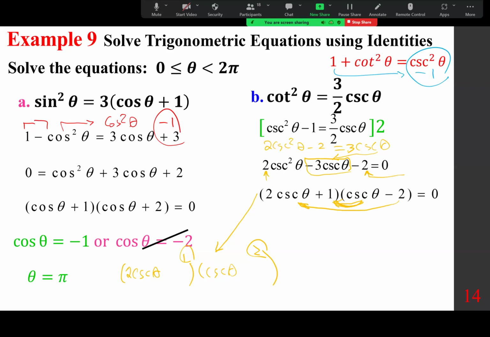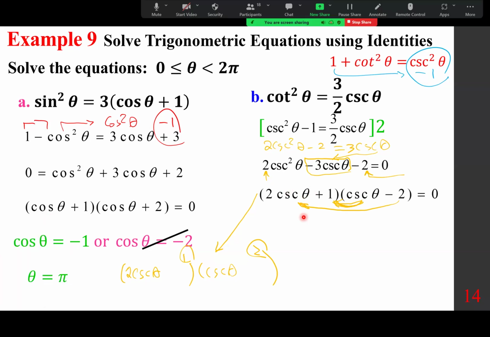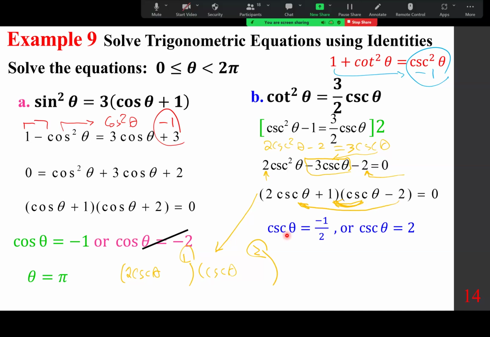So cosecant theta is either -1/2 or +2. Now we don't remember the values for cosecant, but we know cosecant is the reciprocal of sine. So instead of looking at this, we are going to look at sine and reciprocal these two.